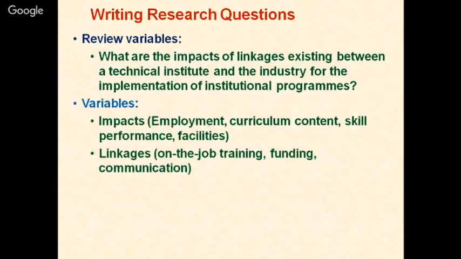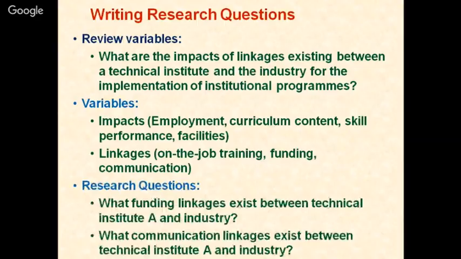Impact could be employment, curriculum content, skill, performance, facilities, and the linkages. Linkages could be, because you see there are 2 here, one is the impact, second is the linkages: on the job training, funding, communication, etc. So the research question would be, what funding linkages exist between technical institute A and industry? Second question would be, what communication linkages exist between technical institute A and industry?